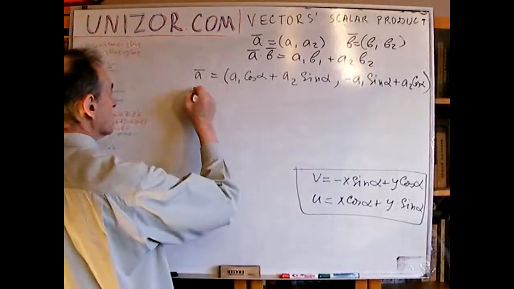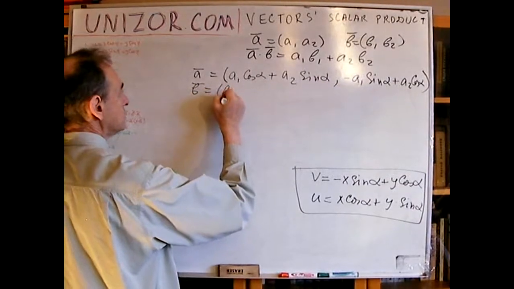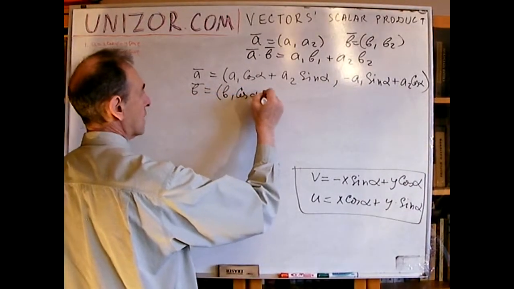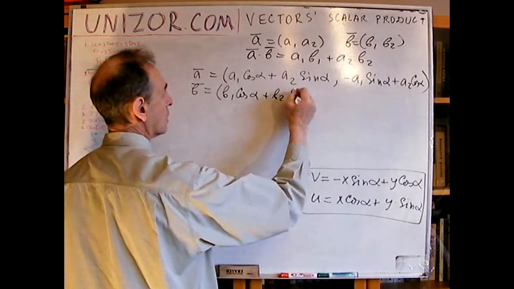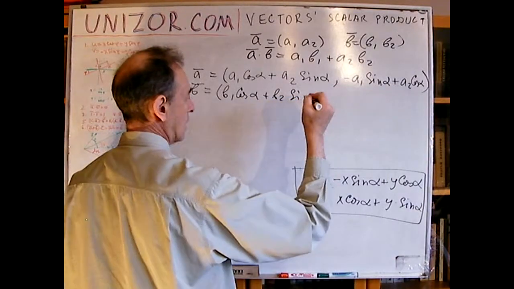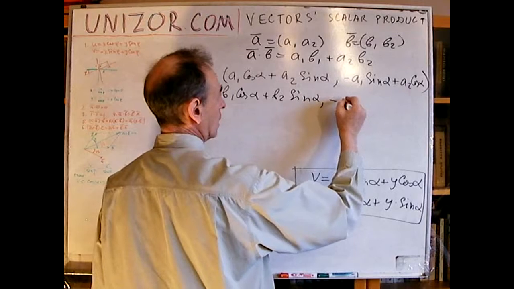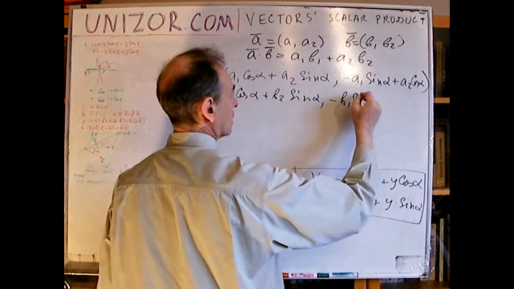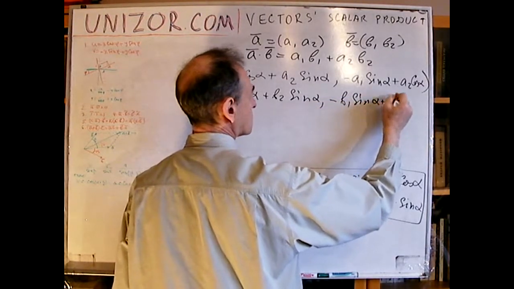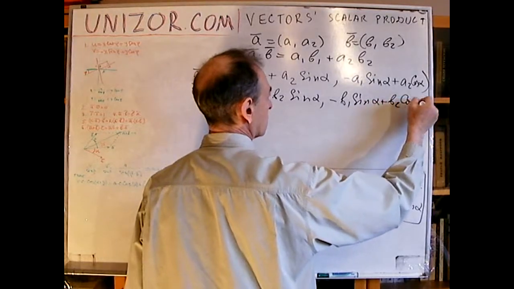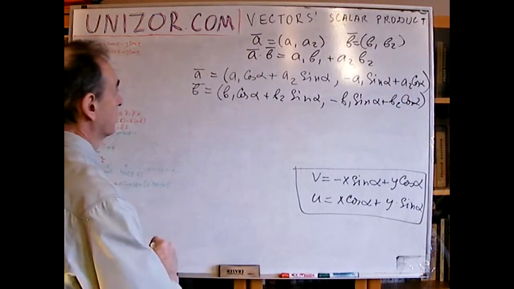Now, similarly with B: B1 cosine alpha plus B2 sine alpha, comma, minus B1 sine alpha plus B2 cosine alpha. Okay?